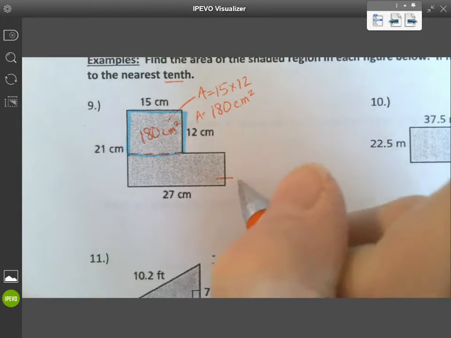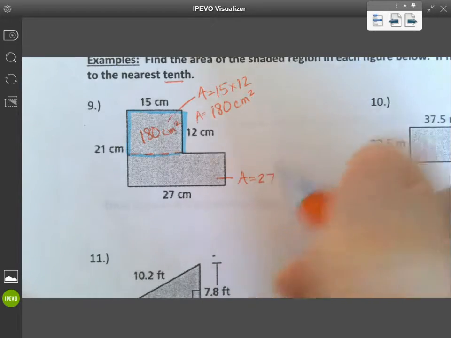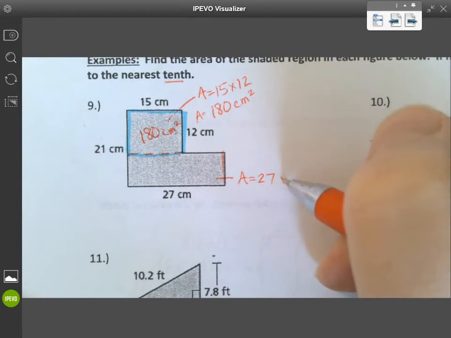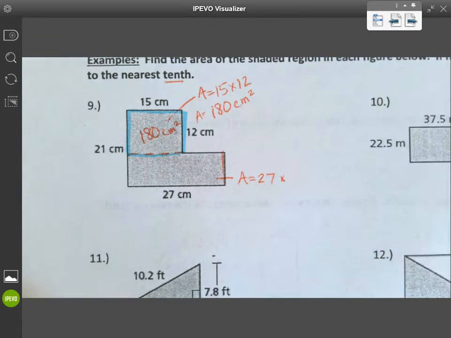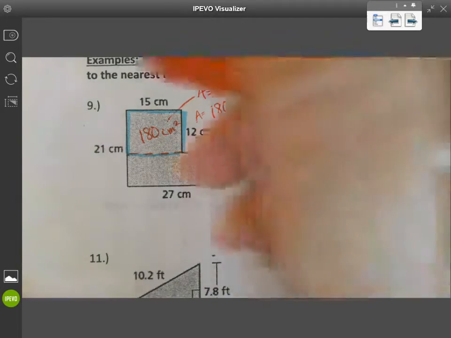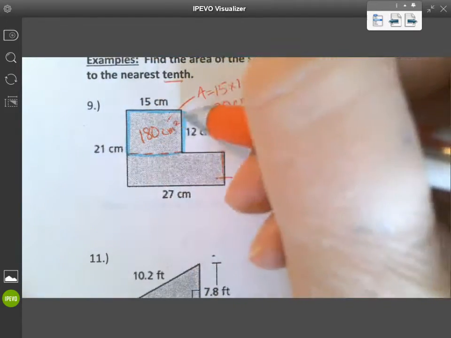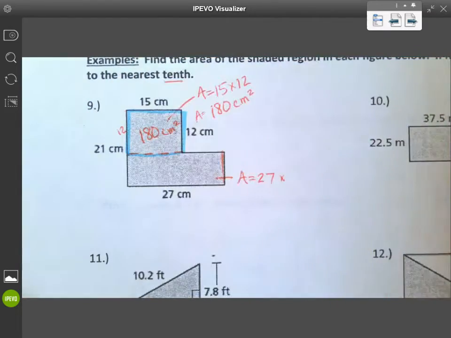Now, I need to find the area of this rectangle. I know that one side is going to be 27, but I need this height. So 27 times what? How would I get this piece since they didn't give it to me? Well, the whole thing's 21, right? If this is 12, isn't this 12?